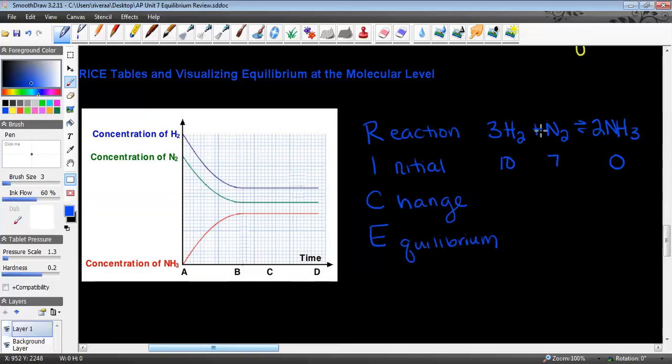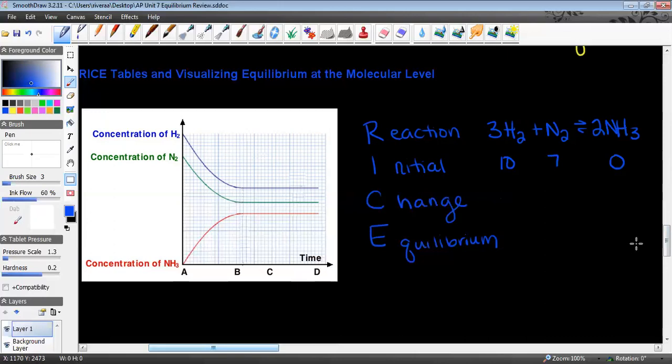If I was doing a RICE table with this, I would clearly see that if I'm starting off with all reactants and no products, my minus would be on this side. If I did not know what my change was, I would have to use variables. If I did know what my equilibrium values were, I could figure out what the change was. So there are problems where you know these equilibrium values and problems where you do not.